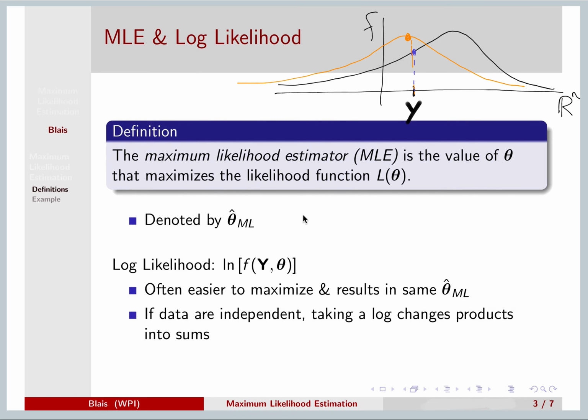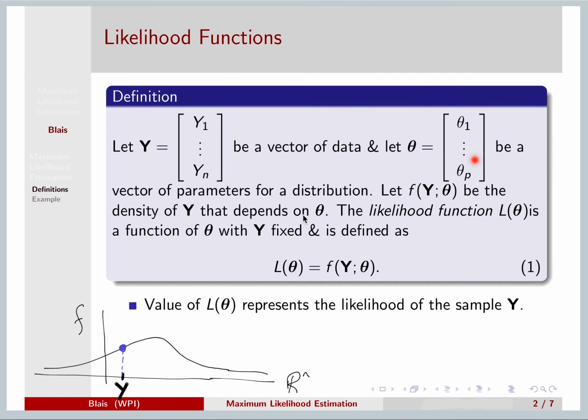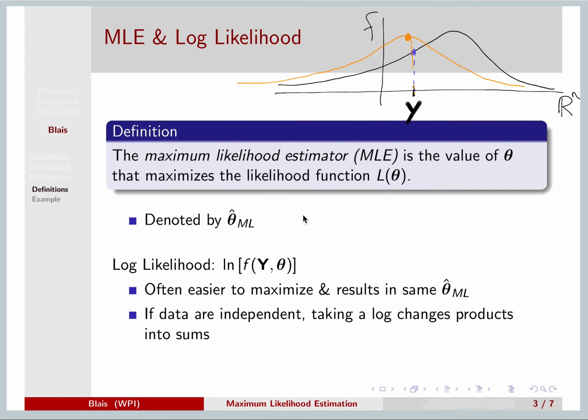So the key thing is that we've assumed a family for the distribution. So, we know that the distribution has some specific set of parameters, and given that data, that observation, we change the parameters to get that peak to occur with our given sample.